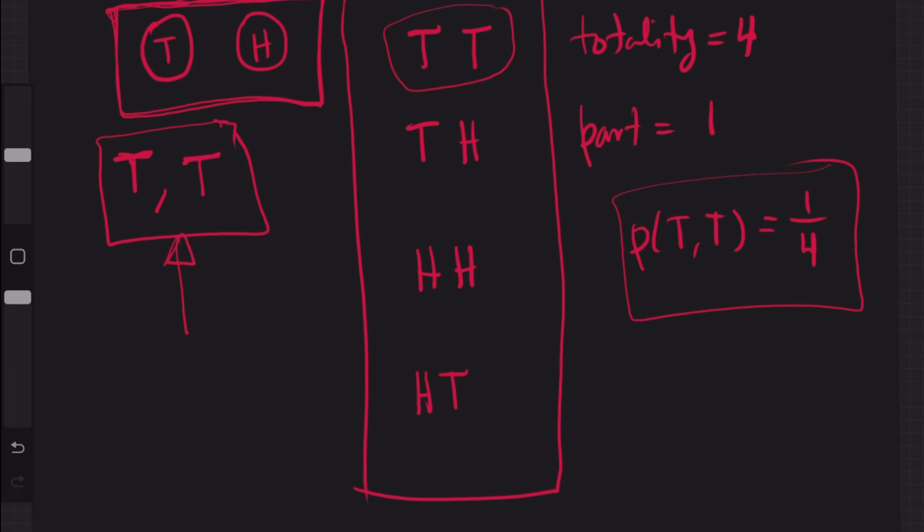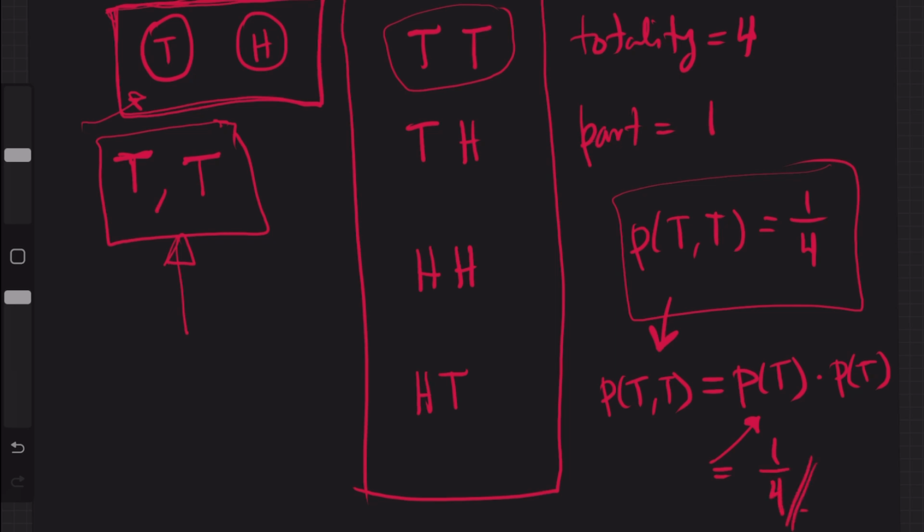That's why something that can help us is understanding that because each toss here was an independent event, this one could have been calculated in a much simpler way. We could just have calculated the probability of getting a tail times the probability of getting a tail. And because the two of them are 1/2, we also get 1/4.